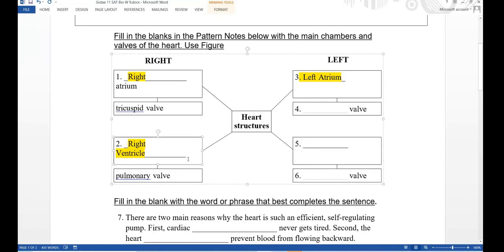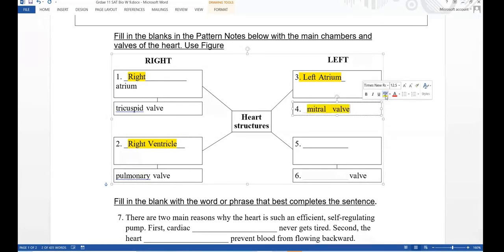Girls? Okay, it is the mitral valve. So this valve which you can see below the left atrium is the mitral valve.